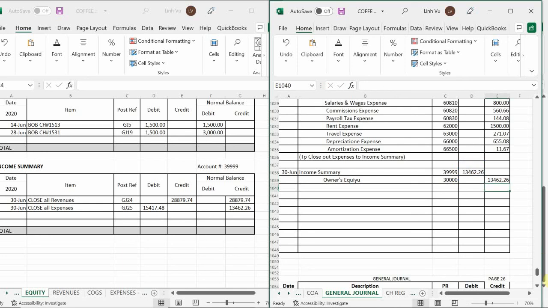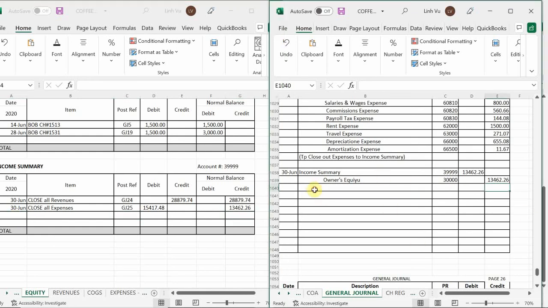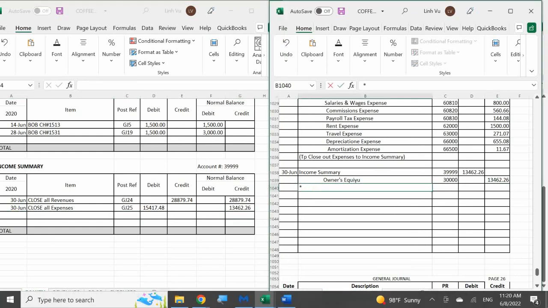Okay. And that is it, what we're going to do. And I'm going to finish up my journal saying I'm going to close income summary to equity.